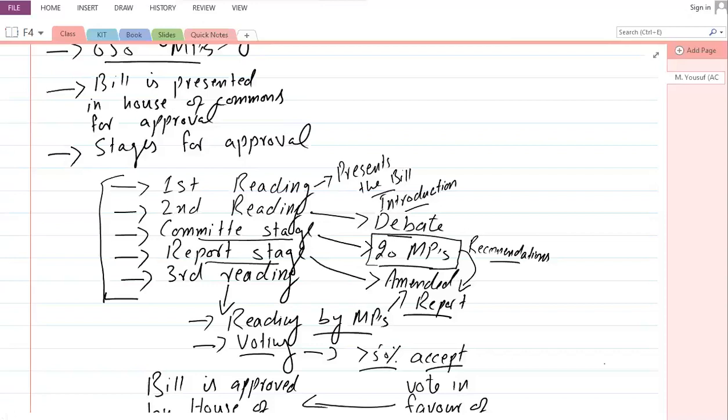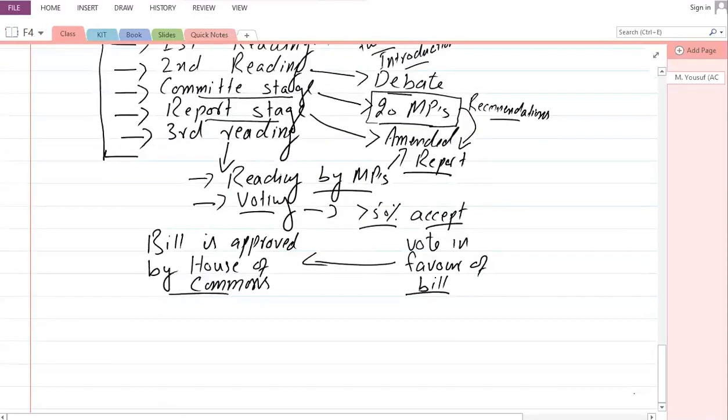The third reading includes voting. If more than 50% of MPs vote in favor of the bill, that bill is finally approved by the House of Commons. And if more than 50% vote against the bill, that means the bill is not approved, it is rejected by the House of Commons. So that bill will fail.